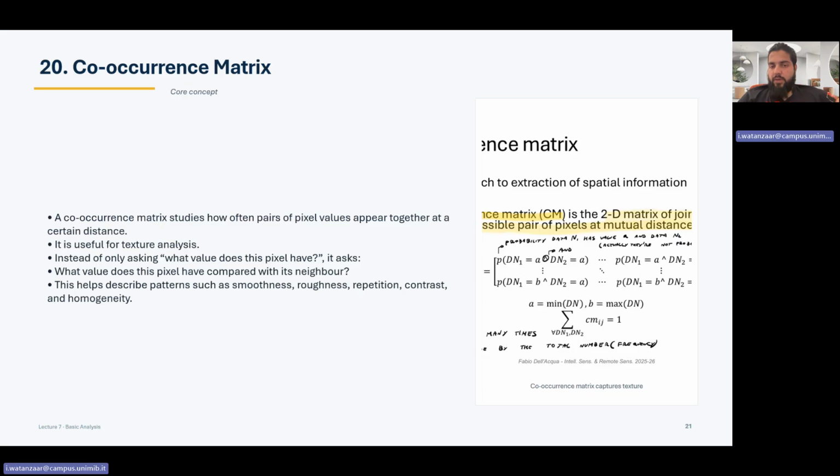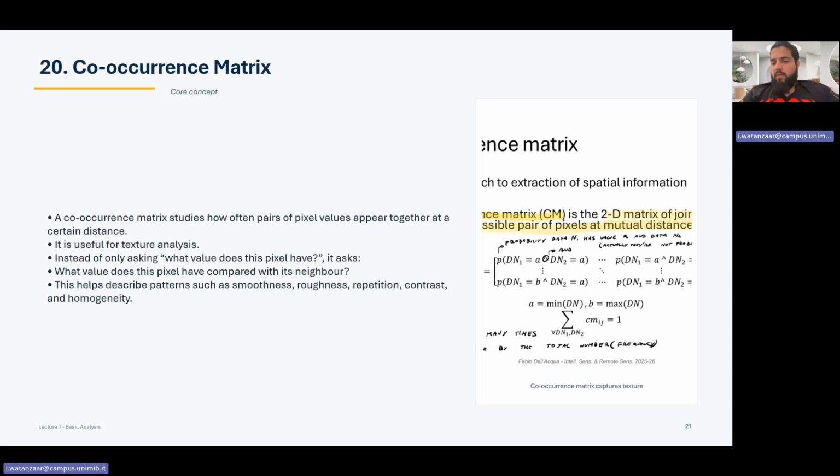This is a different form of the single-pixel distribution we look at through the histogram. But in the co-occurrence matrix, we look at pairs of pixel values appearing together at a certain distance.